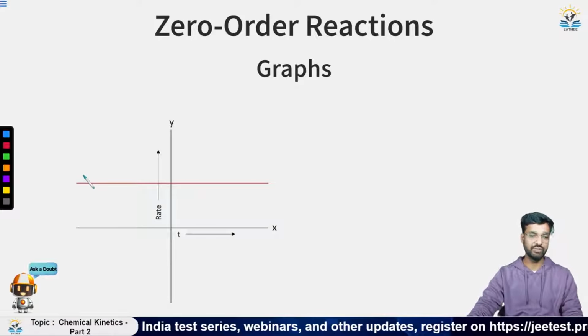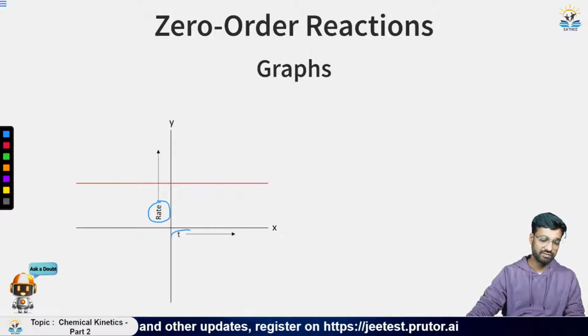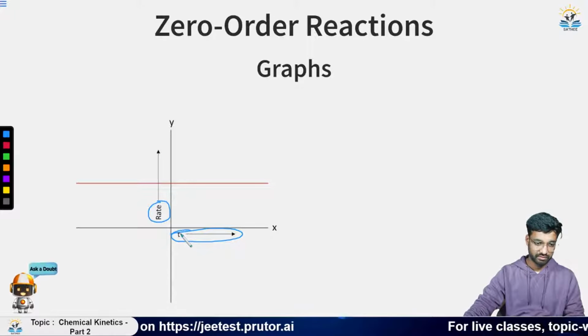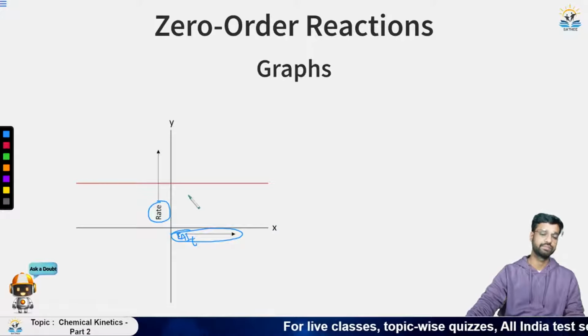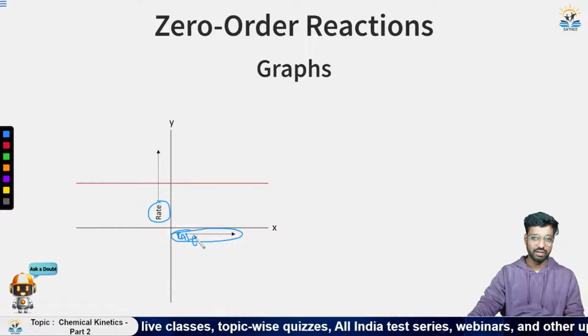Now again we have a graph here of rate against time. Sorry, it will be rate against At. So here we are changing the concentration of A and seeing what the effect is on the rate of reaction.